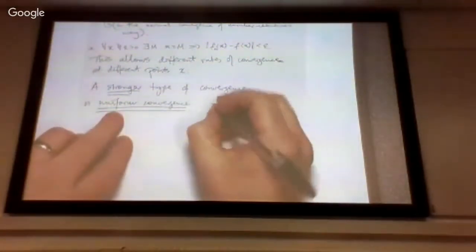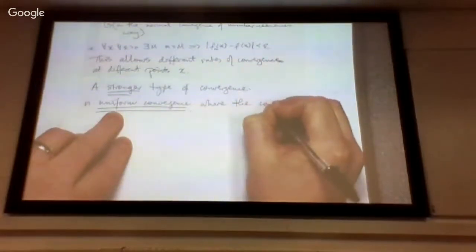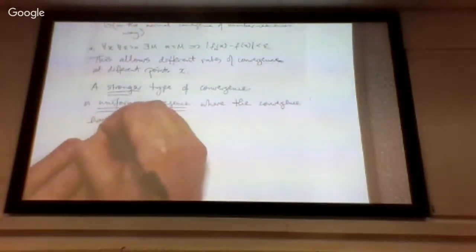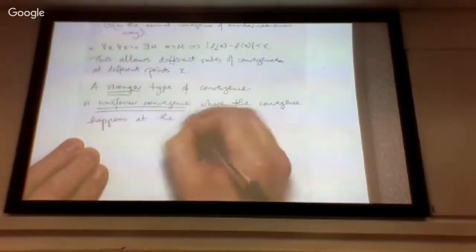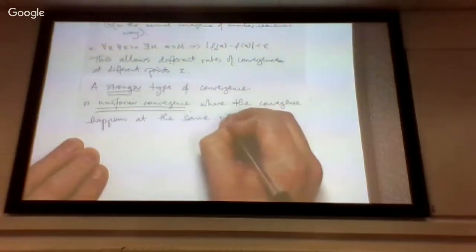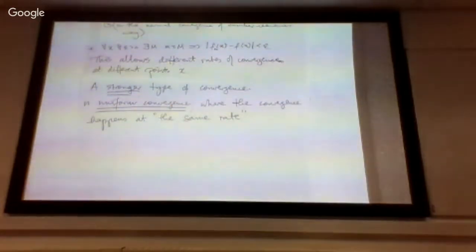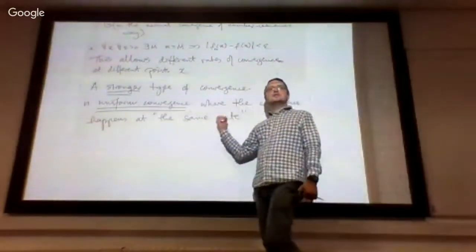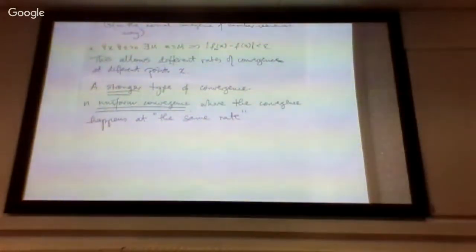So this is uniform convergence where the convergence happens at the same rate. Well, it's not quite technically true, but what it means is that there's some bound to the different rates of convergence that happen.